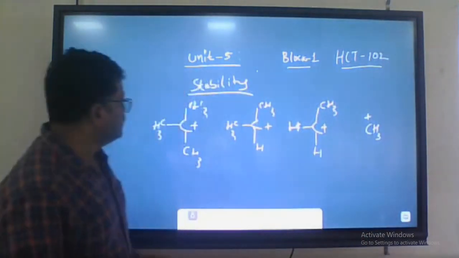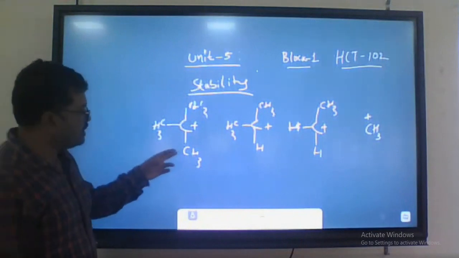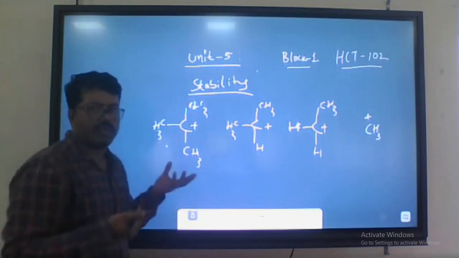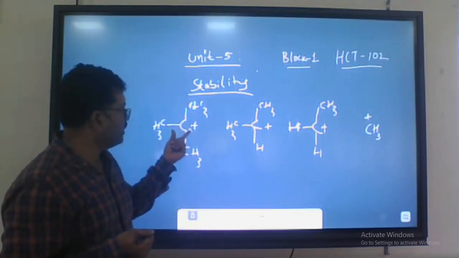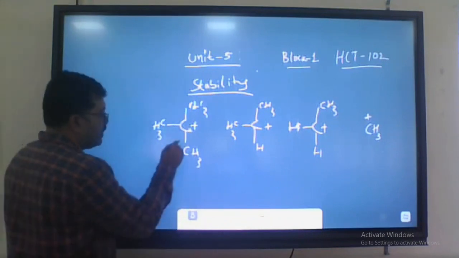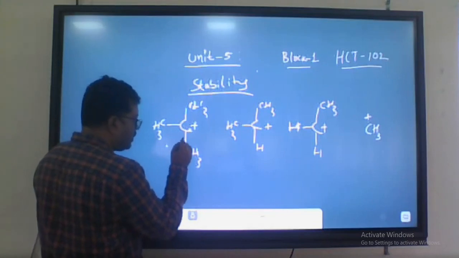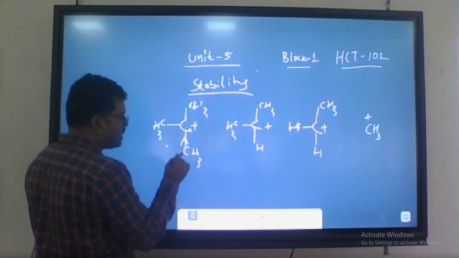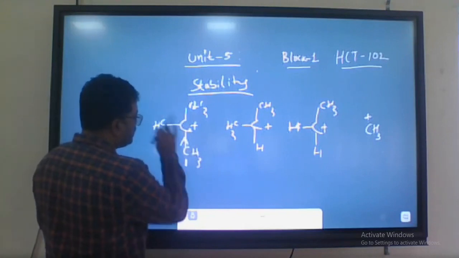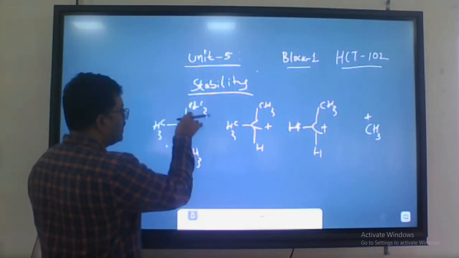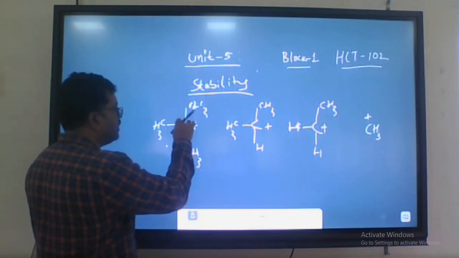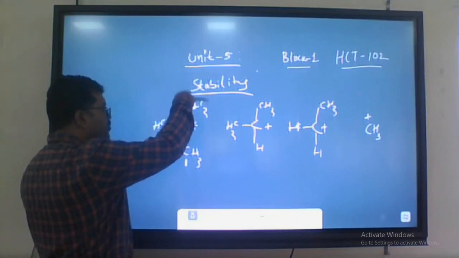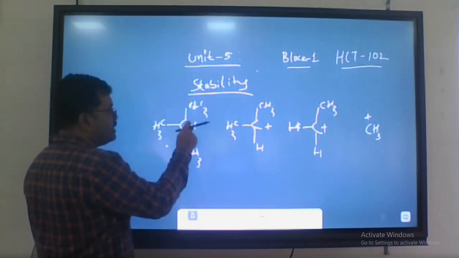Primary. So you know that CH3, any alkyl or any substituent on a carbocation, donates electrons towards the positive charge. The carbon with positive charge is already electron deficient.